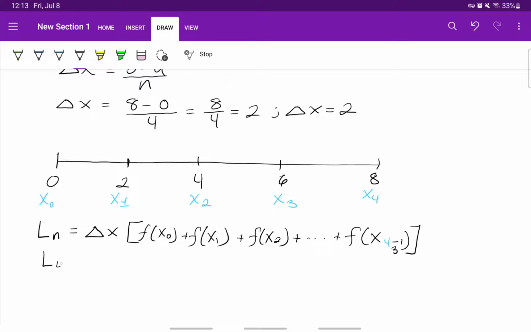So L of 4 subintervals equals delta x. Delta x is 2, and that's going to be in brackets times, actually let's put the 2 in purple instead, f of x sub 0, where that is 0, plus f of 2, because that's x sub 1, plus f of x sub 2, which is 4, plus f of x sub 3, which is 6, and close that up.